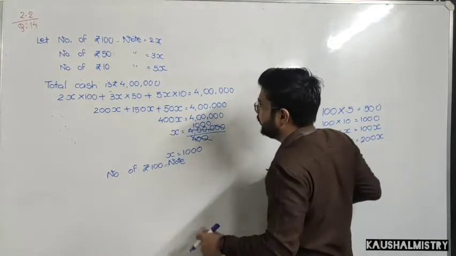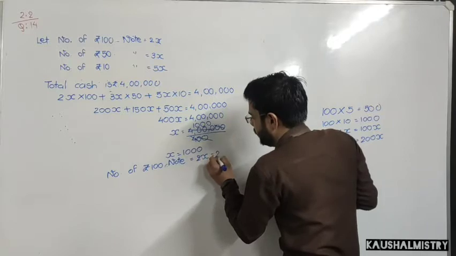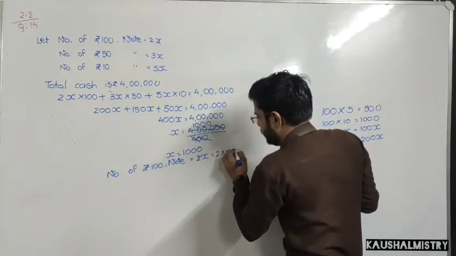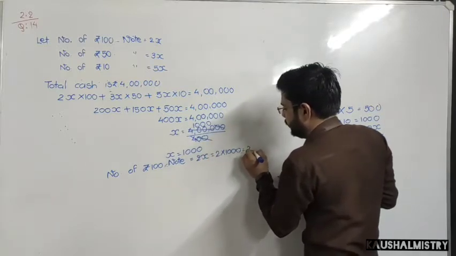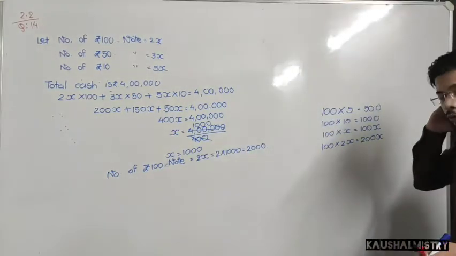So the number of 100 rupees notes is equal to 2x. That means 2 multiplied by 1000, so that is equal to 2000. So those 100 रुपए की नोट कितनी है? 2000, right?